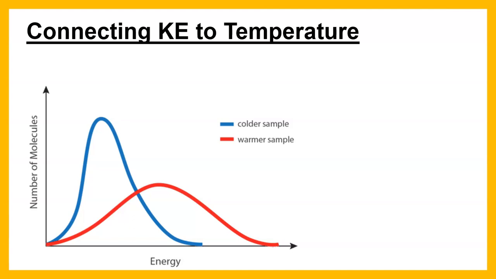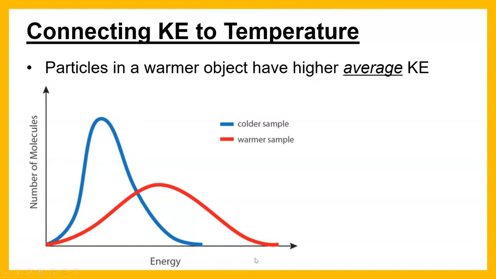And what you should notice is that we have a variety of energies at each temperature, don't we? They're not all going the same speed. We have a distribution. So what temperature is measuring is the average energy. So in a warm object, we have a higher average kinetic energy.